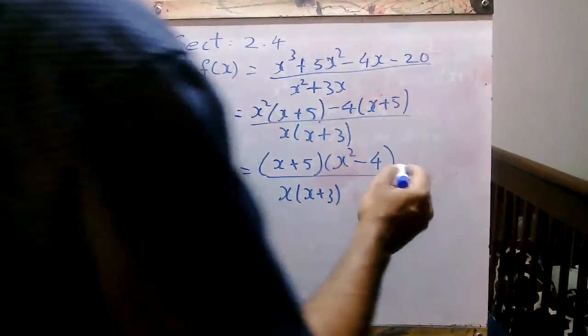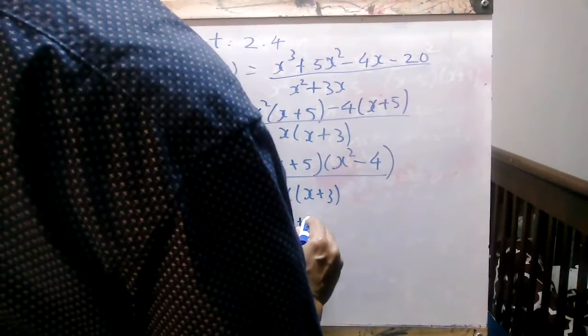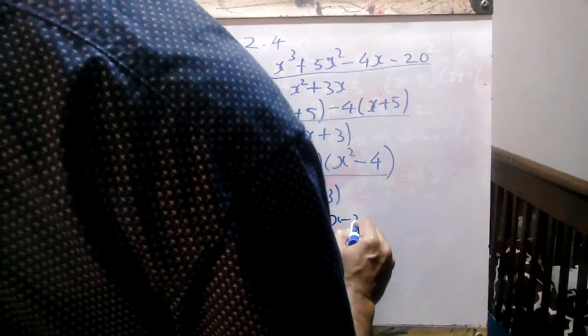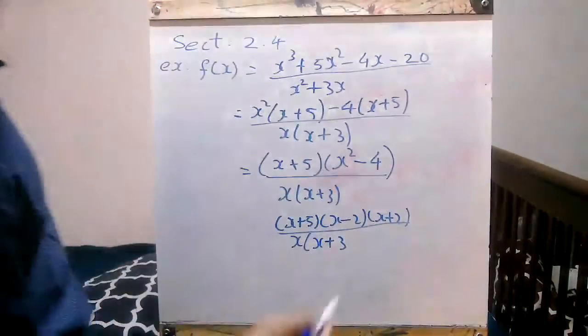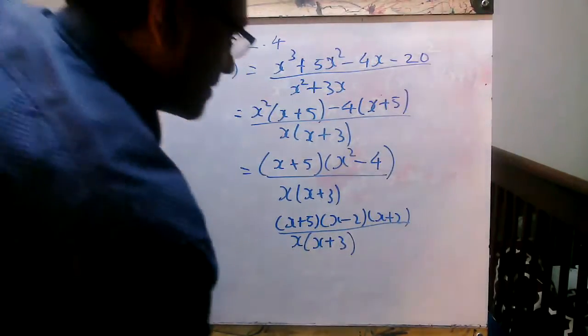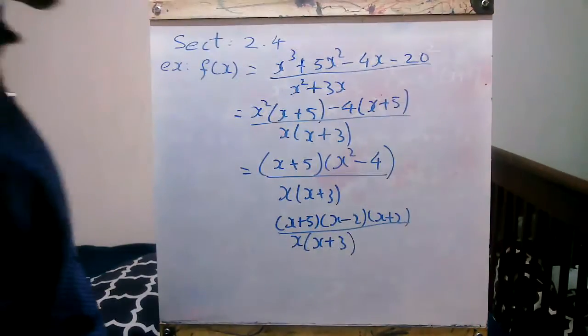This thing again we can factor out. (x plus 5), this is (x minus 2)(x plus 2), divided by x times (x plus 3). Right, so I factored that out.